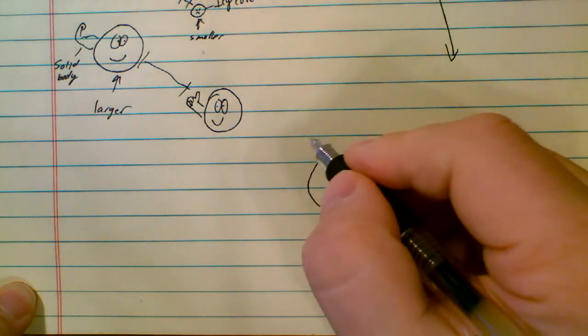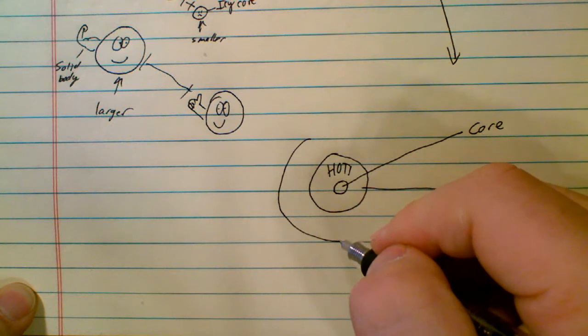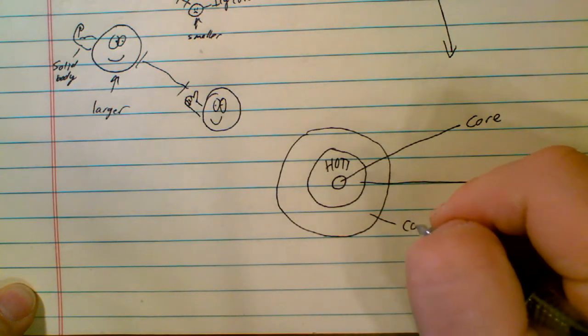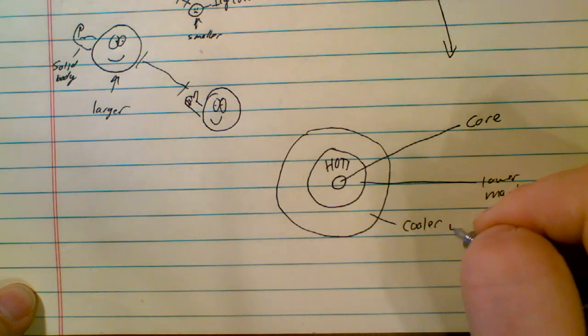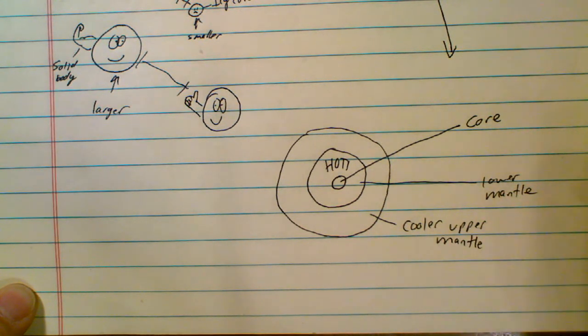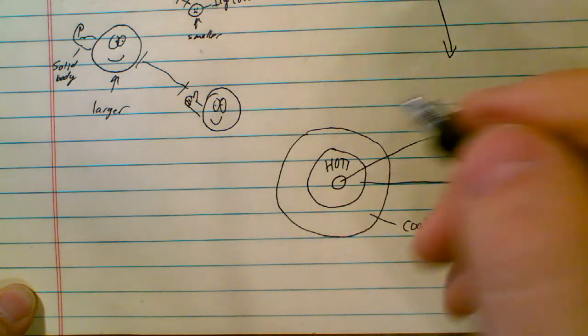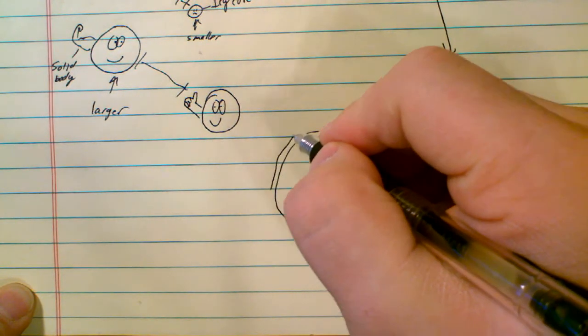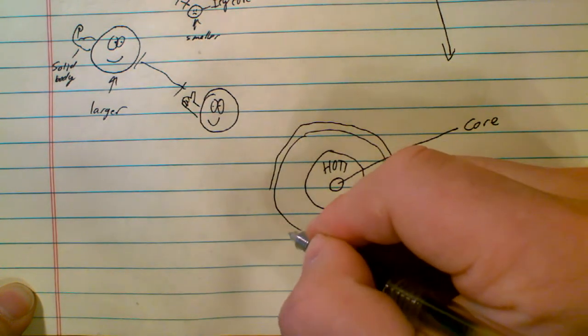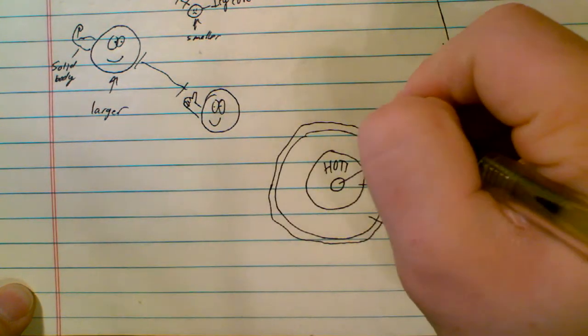And then around that is a cooler upper mantle. Not cool as in that's neat, but cool as in cold. And then, of course, we have the crust, which is the surface of the moon, which has all the unique features that we know and love.